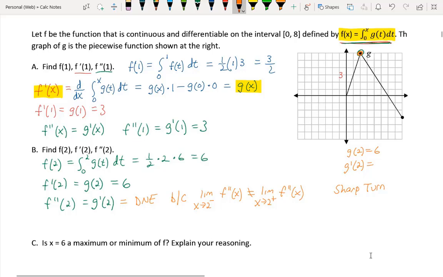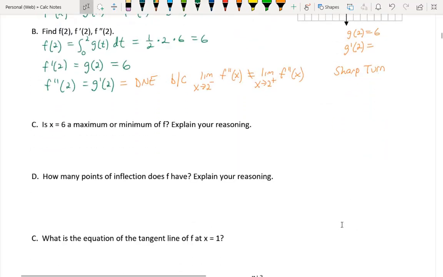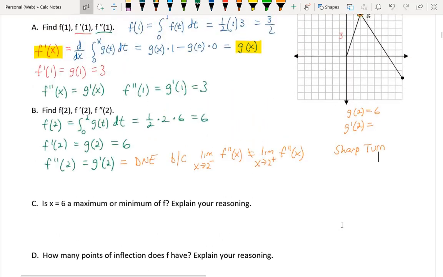All right, so letter C says, is x equals 6 a maximum or a minimum of f?